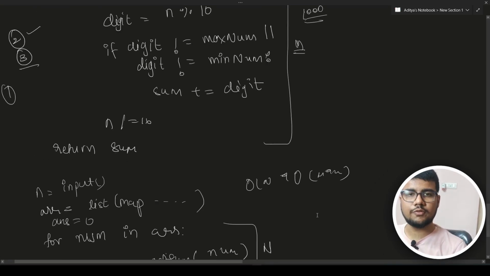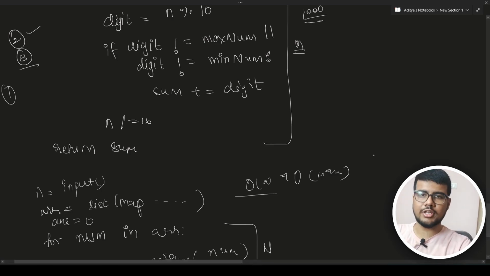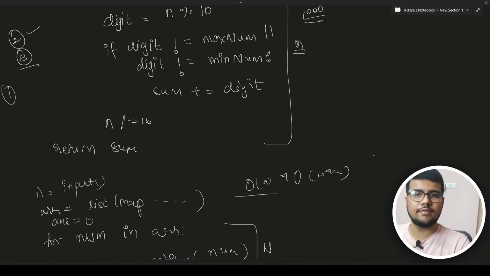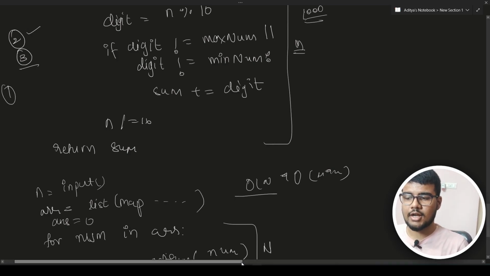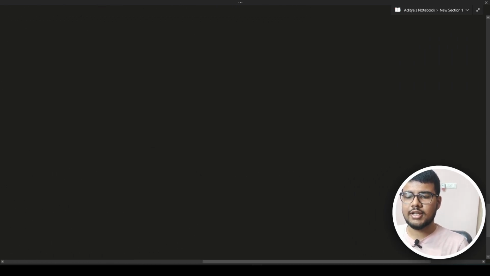This question we can solve in this approach, order of n into order of m. It might be that you can solve it in a much more optimized way. If you are able to, please let me know in the comments. I would be very happy to see it and give a like to your comment. And guys, this particular approach has been submitted in the exam, so you don't need to worry. This is a high time complexity, but I guess everyone has tried this way only.